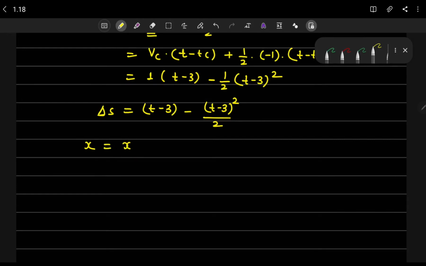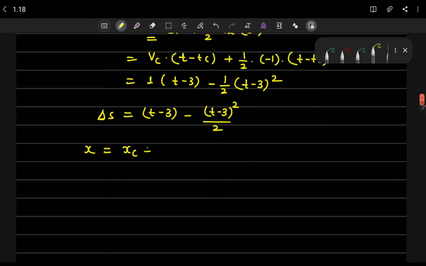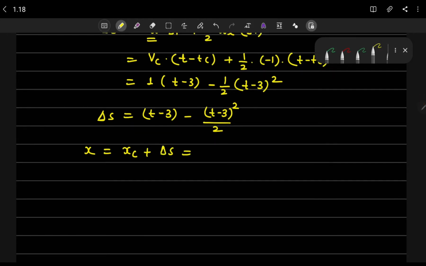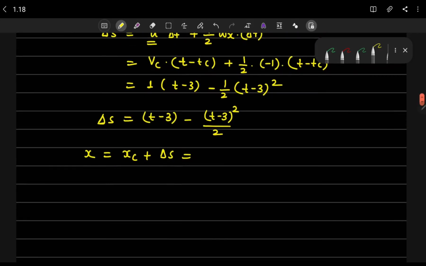Now if we want to write the position at any point, we can write x equal to xc plus delta s. What is xc? xc is 5 by 2, so we can write 5 by 2 plus t minus 3 minus t minus 3 whole square by 2.